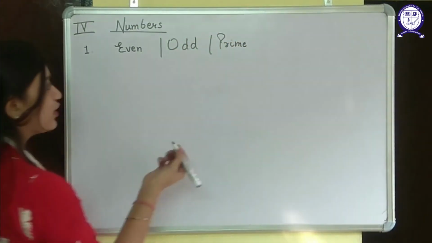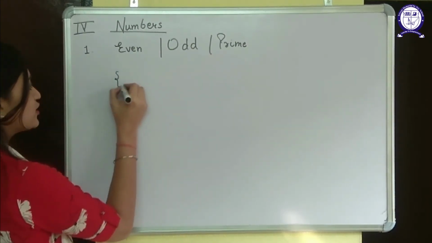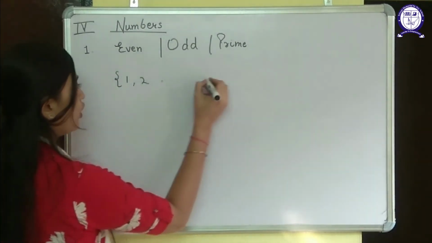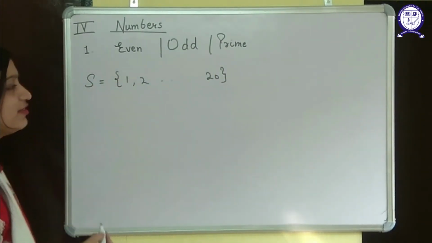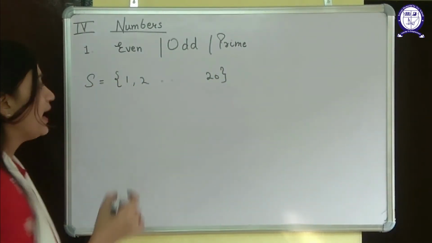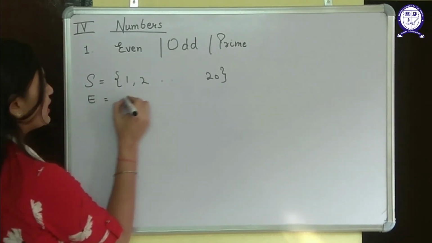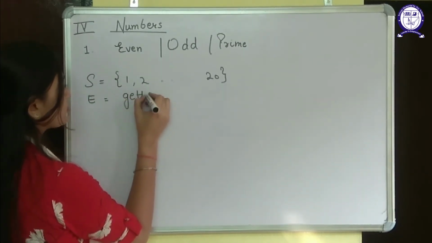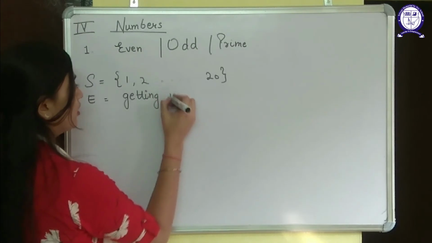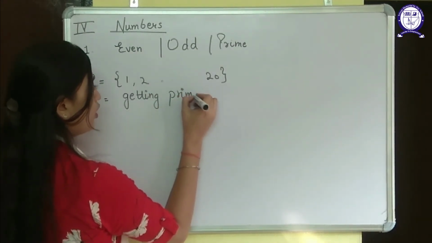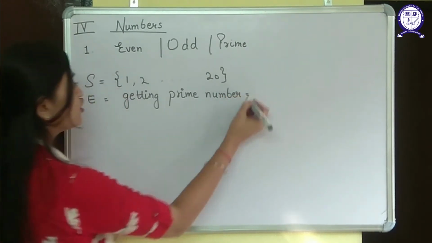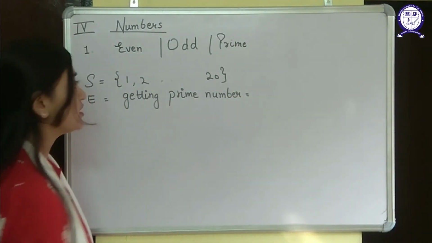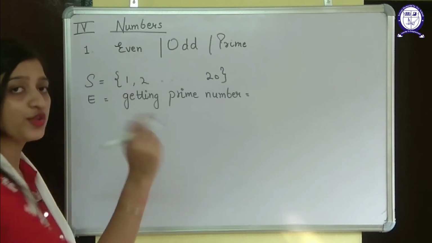Suppose I have a question that I have numbers from 1 to 20. This is my sample space, and my event E is getting a prime number. First of all, I will see which are the prime numbers in this set, from 1 to 20.